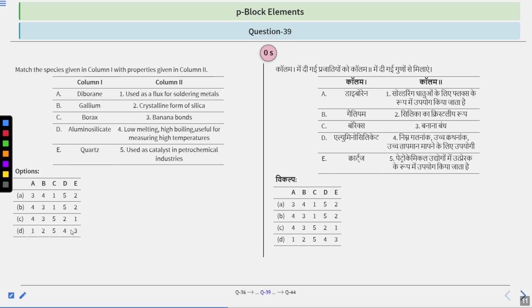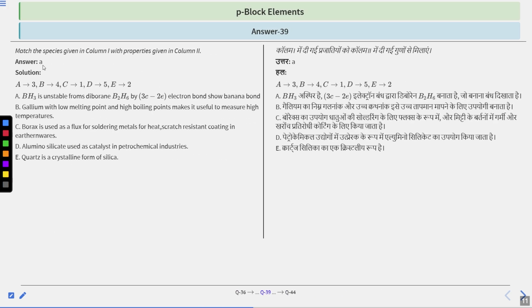Okay, let's see. The correct answer is option A. A is for 3, B is for 4, C is for 1, D is for 5, and E is for 2. So in the first, A, BH3 is unstable, forms diborane B2H6 by 3 center 2 electron bond, shows banana bond.